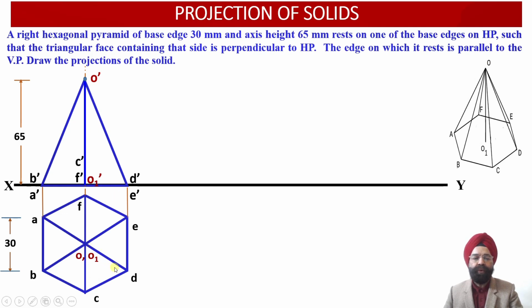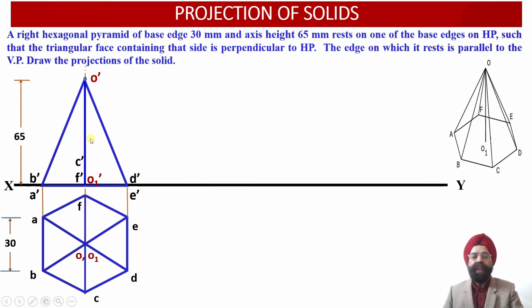This is the triangular face ODE we can check in the top view. This triangular face, whose edge view is available in the front view projections as O dash D dash E dash, will be rotated in such a way that this slant face ODE becomes perpendicular to the horizontal plane.